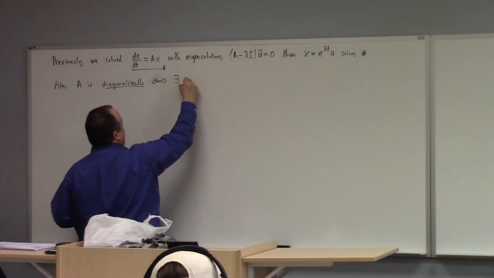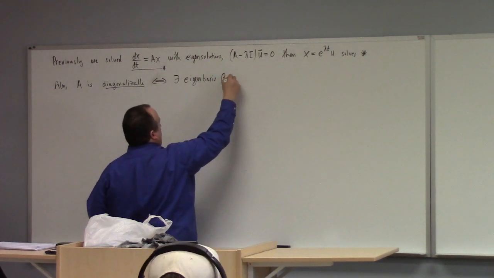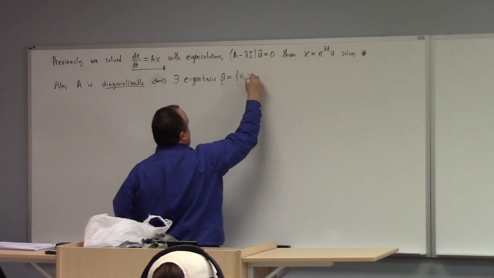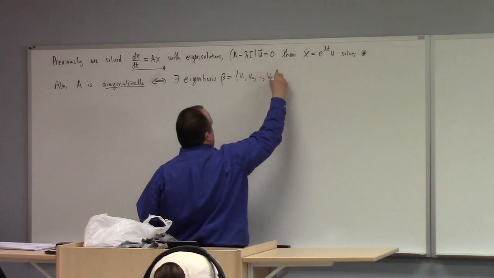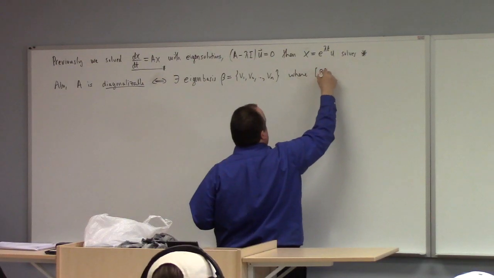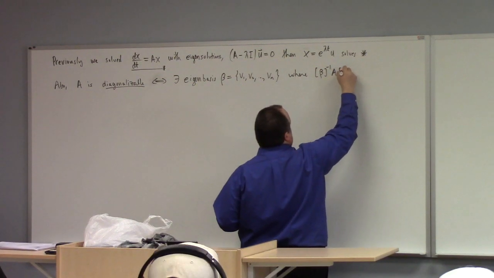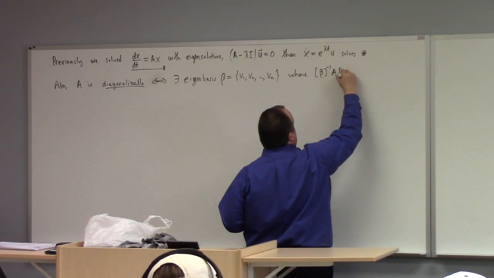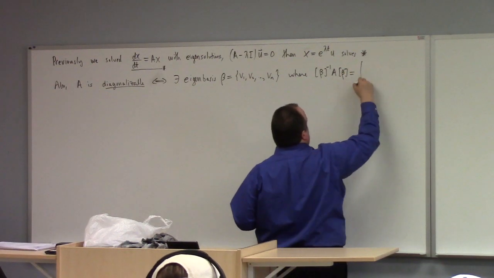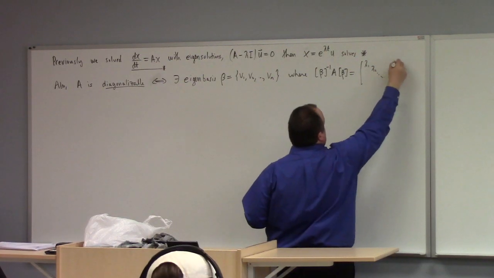There exists an eigenbasis, let's say v1, v2, ..., vn, where the basis matrix inverse times A times the basis matrix diagonalizes it, right? It gives us, and what was the diagonal form? It was the eigenvalues down the diagonal, right?